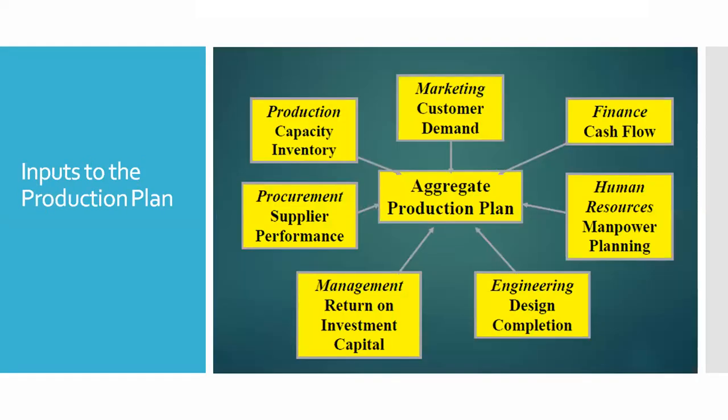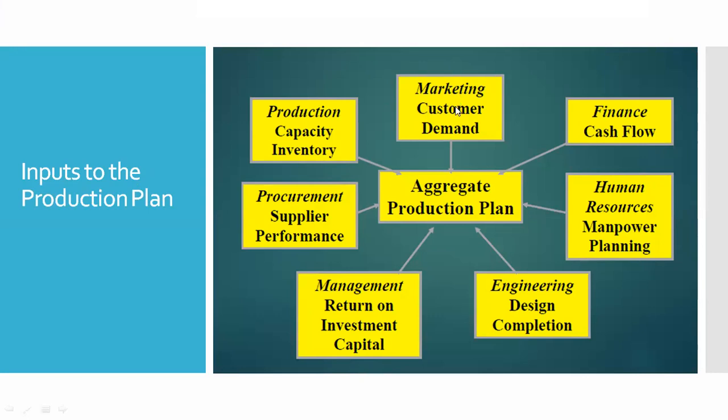Now, the inputs to the production plan. You have an aggregated plan. Aggregated means a collaborative plan. It includes finance, the cash flow you have with respect to completing a project. Then marketing, the customer demand: what is the demand of the customer, which type of customer is using your process and how they are using it.